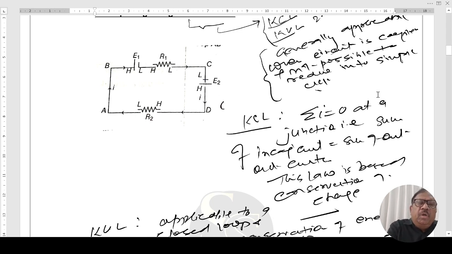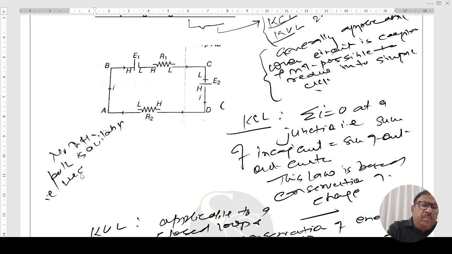Now in this case, if we start from A, B, C, D, no different path is available. That is, we can say a single wire is there, and we can move like this.